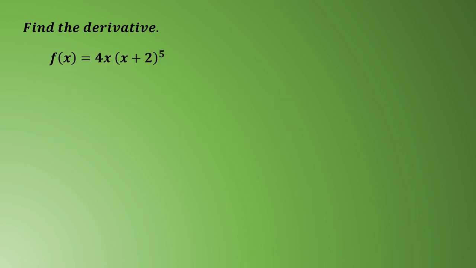Here we're going to use the combination of product rule and chain rule. So again, the formula for the product rule would be u derivative of v plus v derivative of u. So in this case, let us have u is equal to 4x and v is equal to x plus 2 raised to 5.